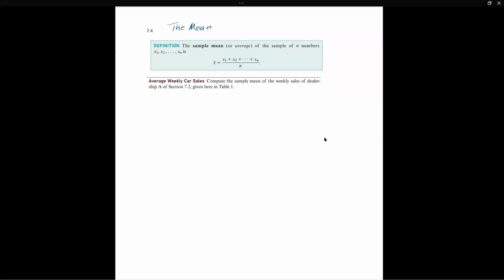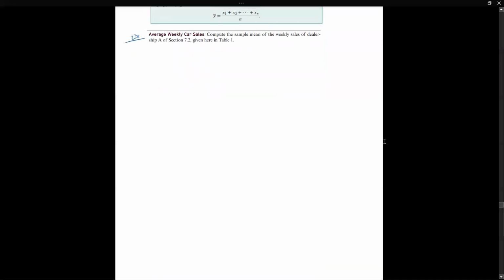For this example, I didn't put table one, so let me give you table one.